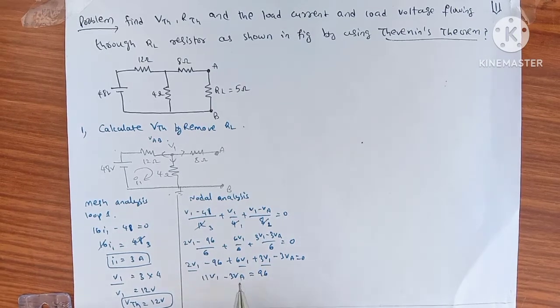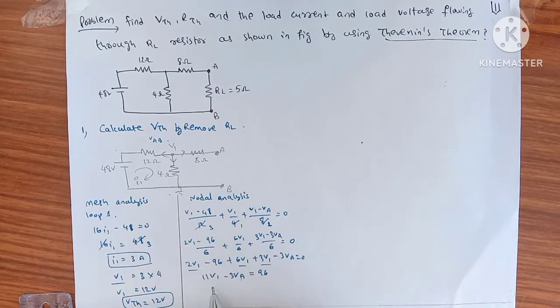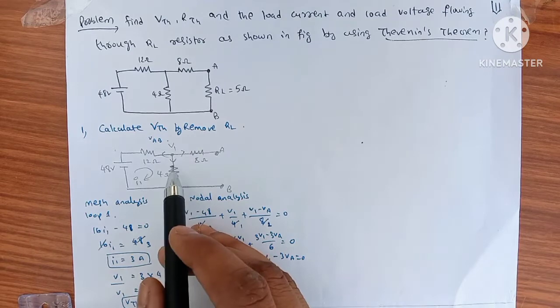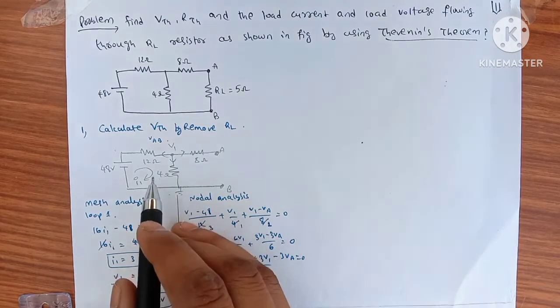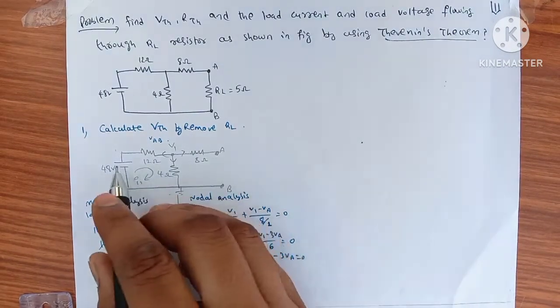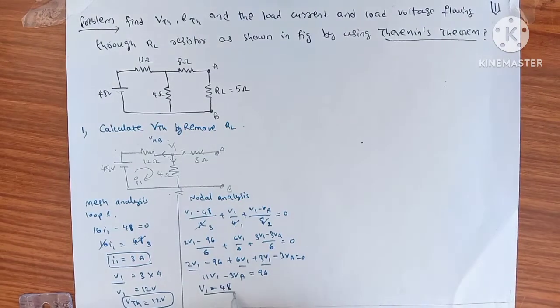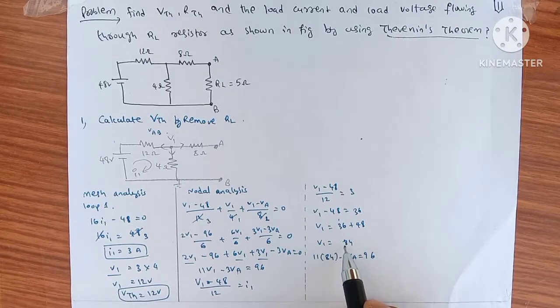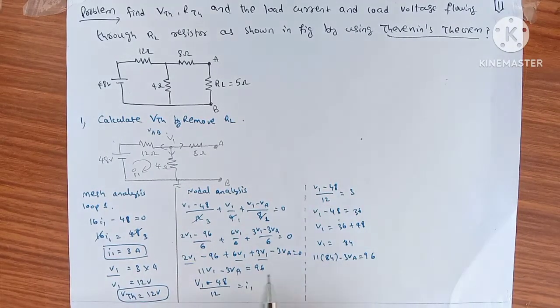To solve this equation we need another equation containing V1 and VA, but here we have the choice of calculating V1 by using mesh analysis. (V1 minus 48) by 12 is equal to I1 from mesh analysis. Why are we getting big values? Let us check once.